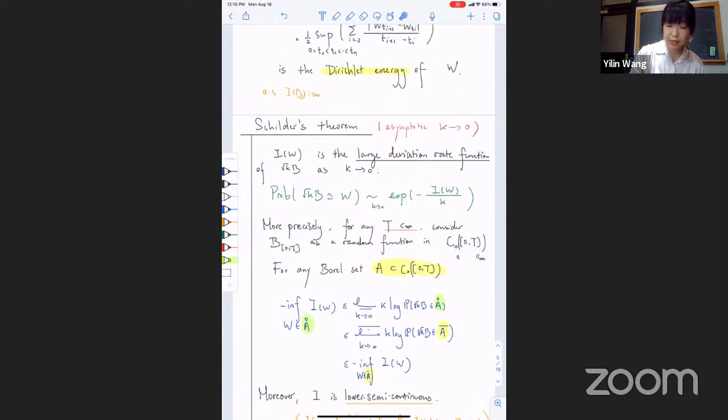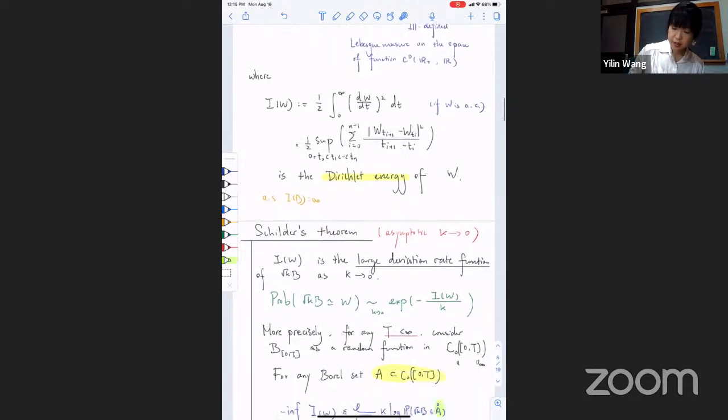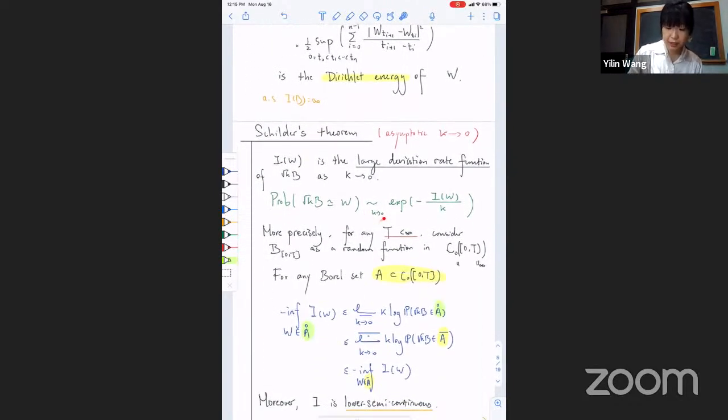Intuitively, that would mean that the probability of square root kappa B, when kappa is very, very small, to stay close to a given deterministic function W, unless W is the constant function 0, this probability will be extremely small. And it decays very fast, exponentially, when kappa goes to 0. But here the rate function is exactly the Dirichlet energy of W. So this is the same expression as here, but it is only about the kappa goes to 0 behavior.